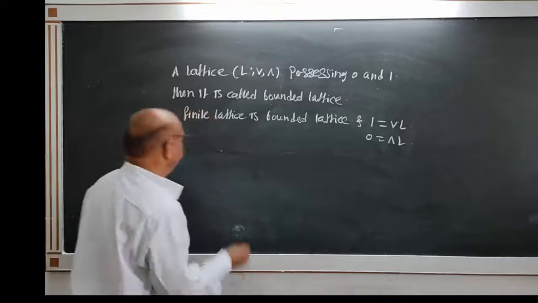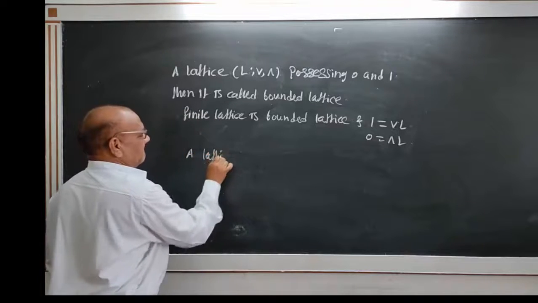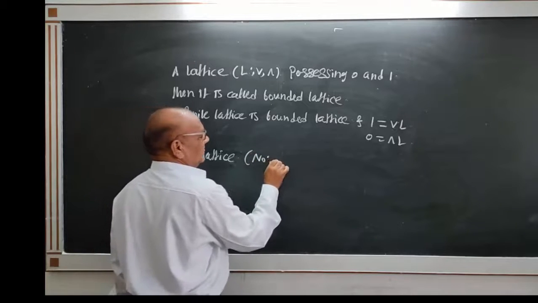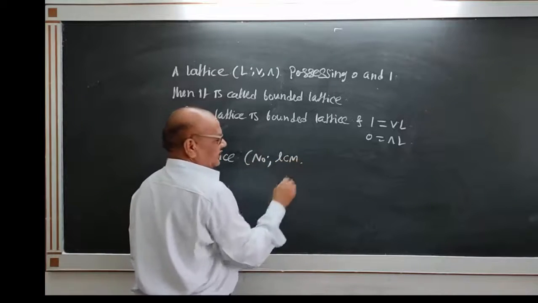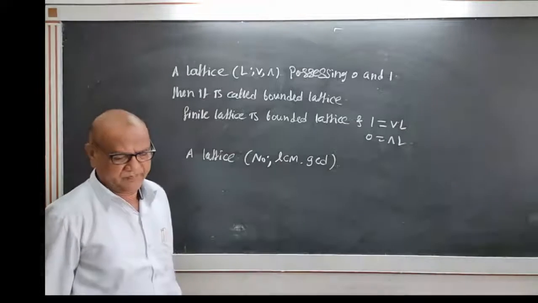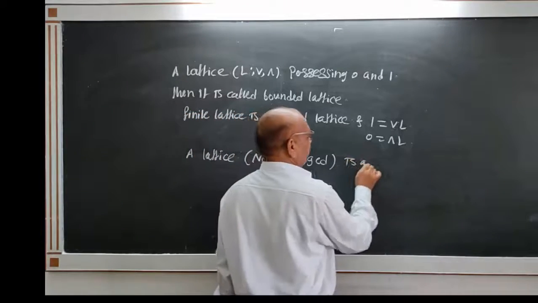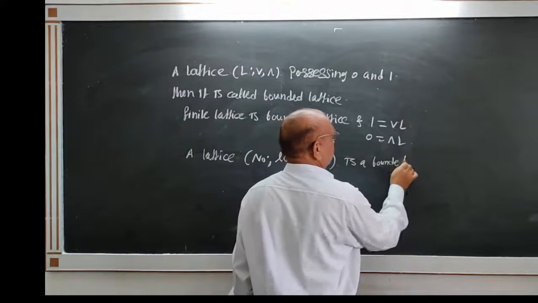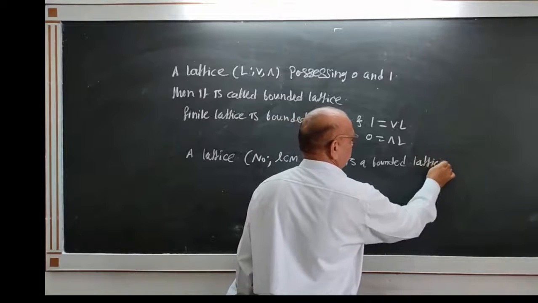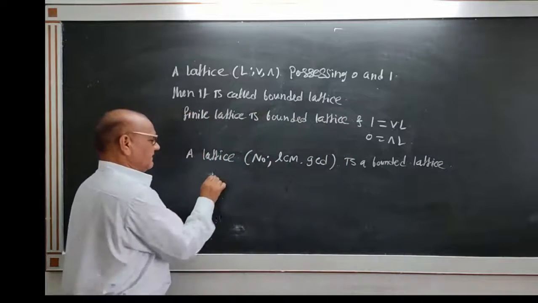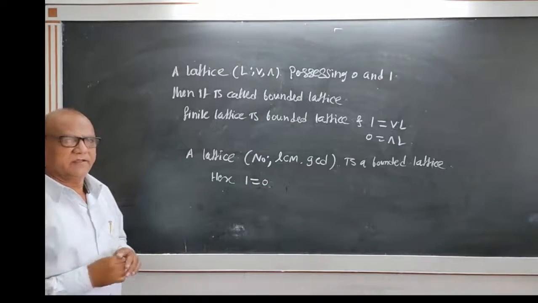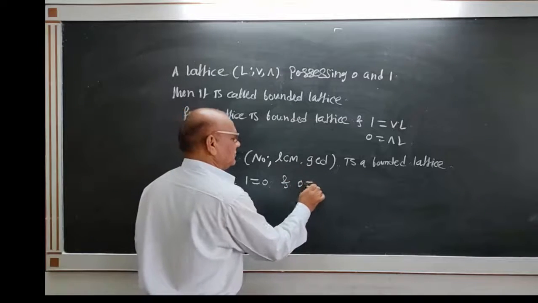One example here, the lattice N0 with LCM, that means join, and GCD, meet, is a bounded lattice. And here 1 is equal to 0 and 0 is equal to 1.